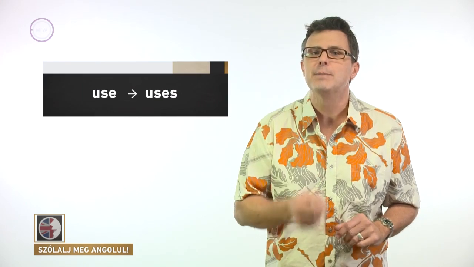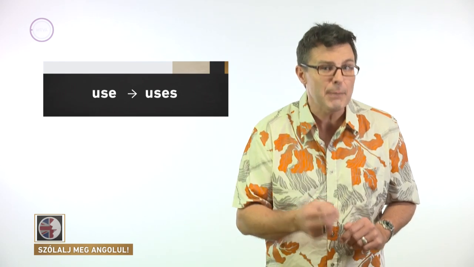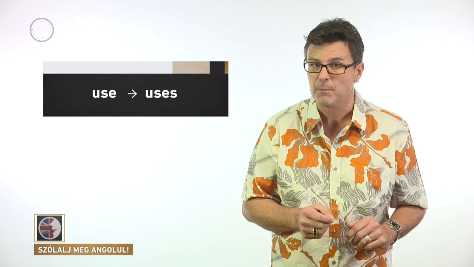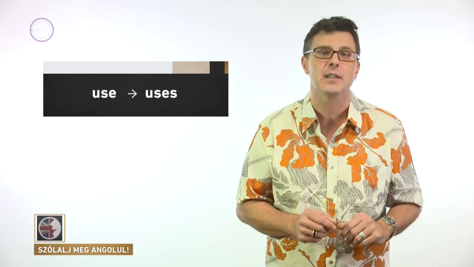Every computer uses electricity. We're using the third person singular, aren't we? Yes. We know that the verb to use is a regular verb, which means that in the present simple, we have to add an S to the third person singular. Use becomes uses in the third person singular.